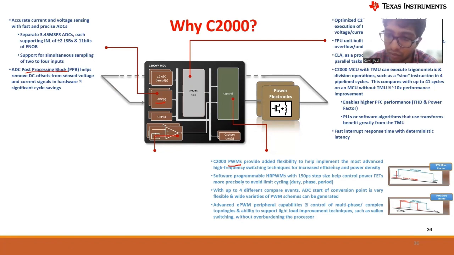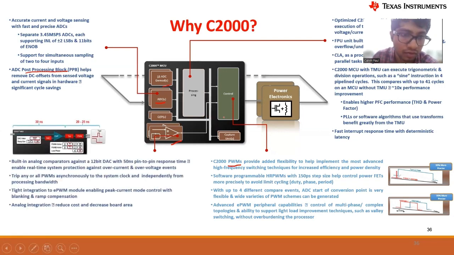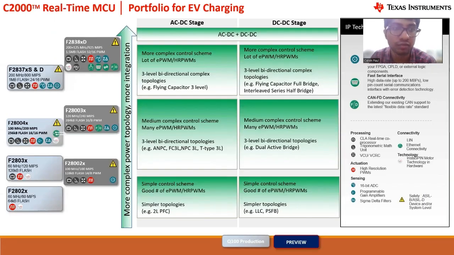They also have a very low resolution, which we will look into later. The comparators and DACs are also available. So many possibilities are available with your C2000 microcontroller. There are analog comparators, etc., PWMs, and they can also be triggered for fault protection, etc.